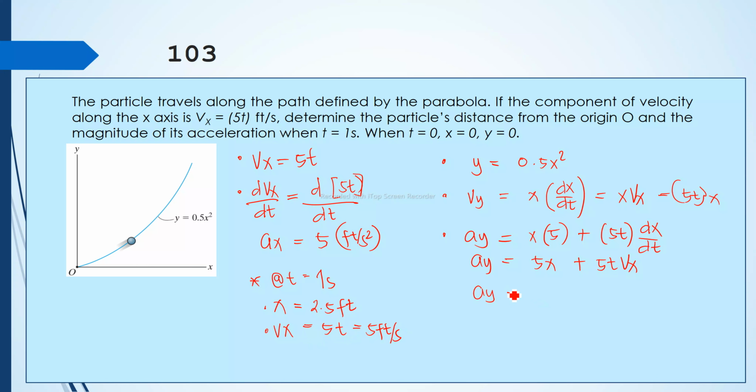So we'll have the acceleration along y equal to 5 times 2.5 plus 5 times 1 second times vx, which is just equal to 5. And we'll have that our acceleration along y is equal to 37.5 feet per second squared.